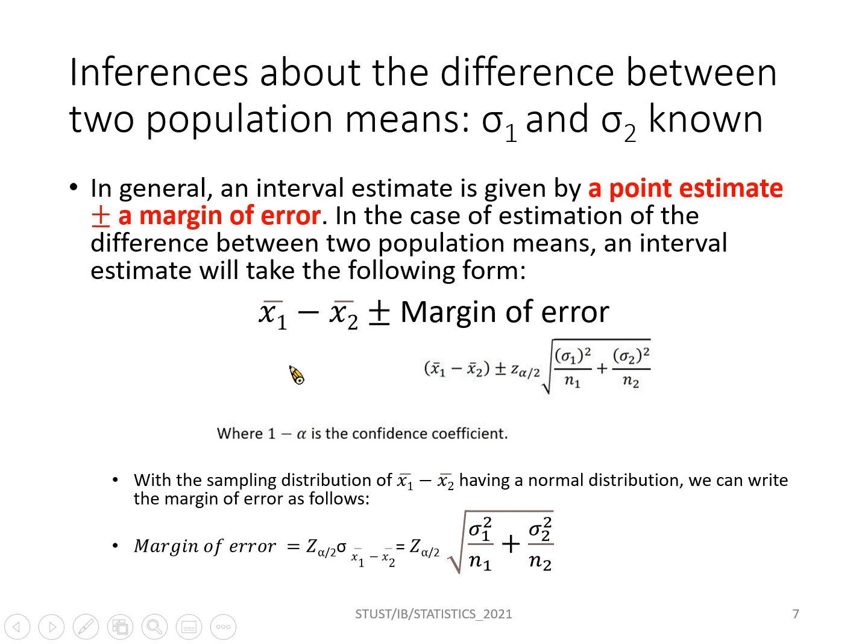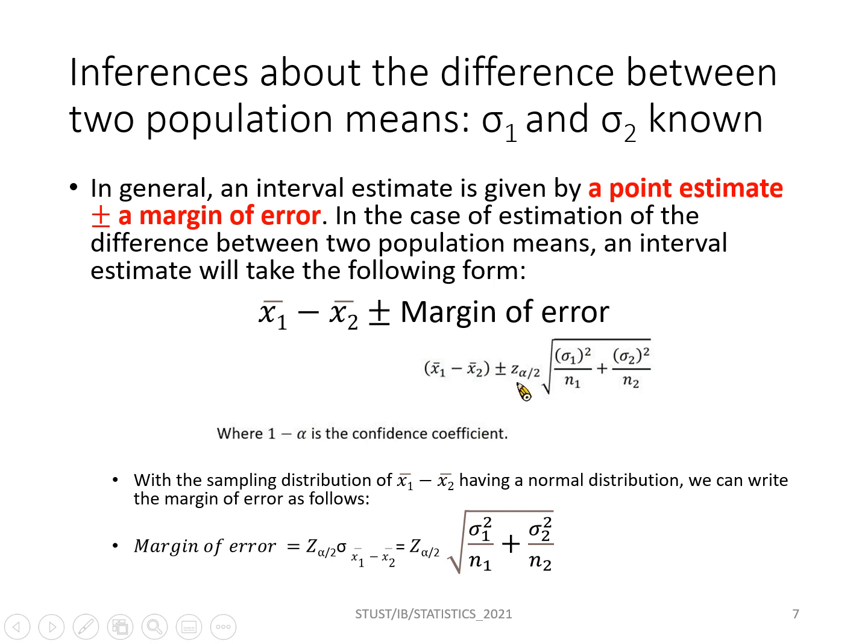Okay, so for the margin of error, you need to use the normal distribution to get the z-value from it. You have to think about what confidence coefficient you would like to use.